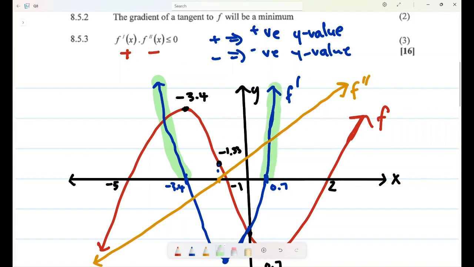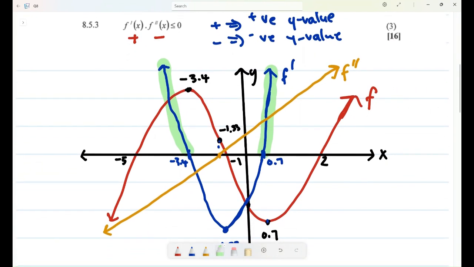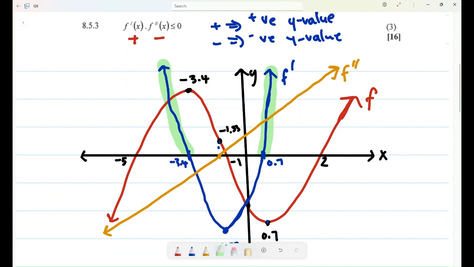I'm slow, I am very slow, purposely so. I want you to understand this. Where is our f double prime negative? Negative is below. So it is between, from this point to here. It is below.